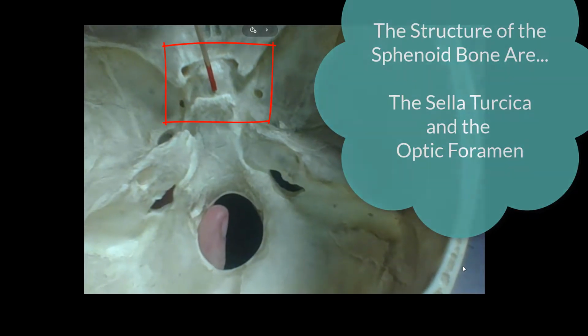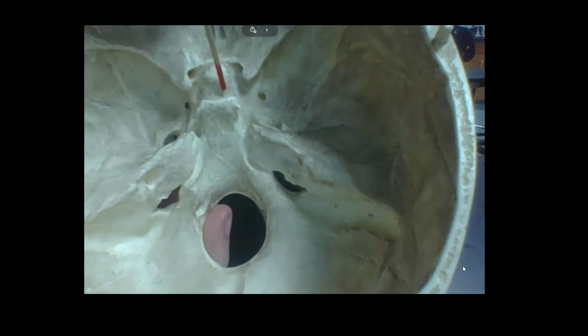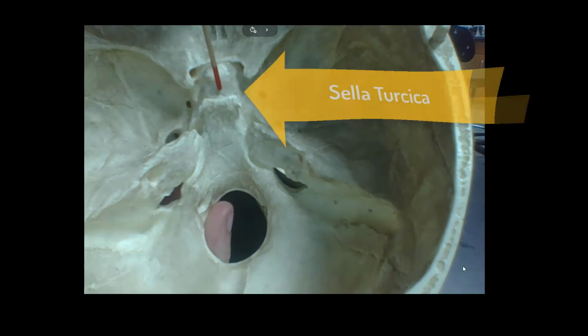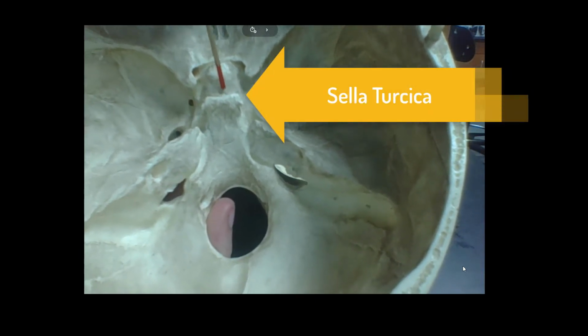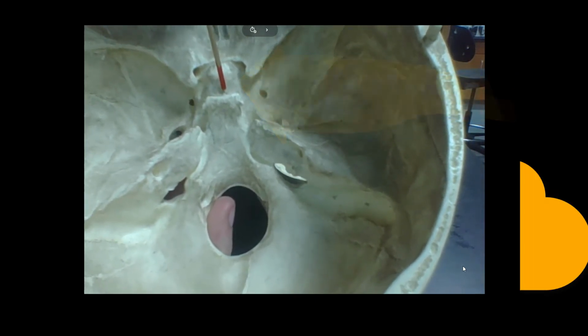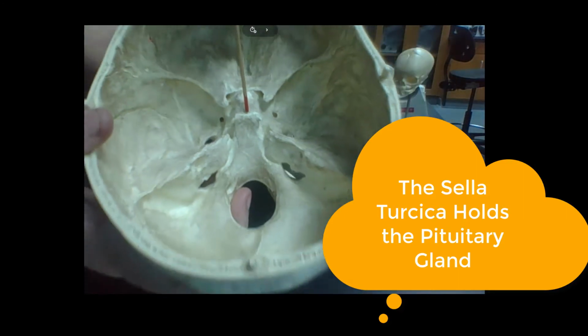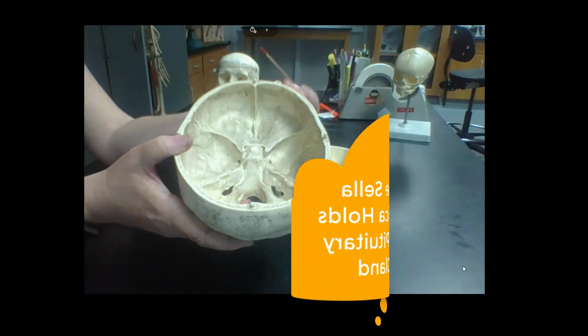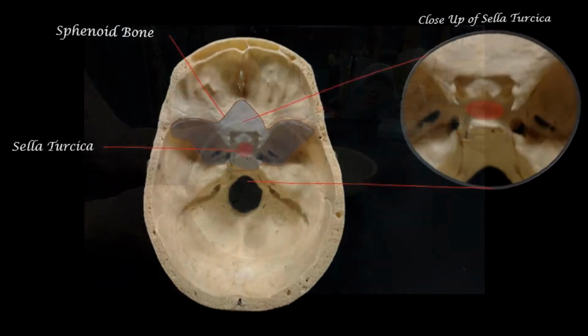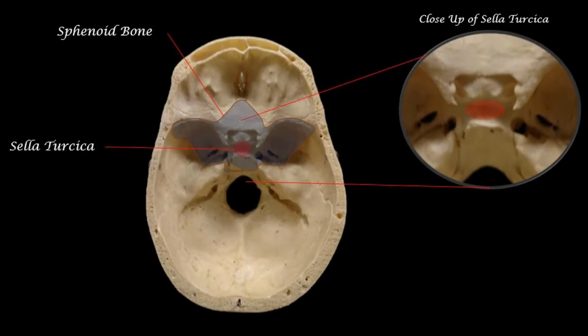Right here, there's a little chamber. This chamber is called the sella turcica. Now, the sella turcica is a little chamber that houses your pituitary gland, which lies at the inferior most point of that section of the brain. Okay, so there would be the sella turcica.